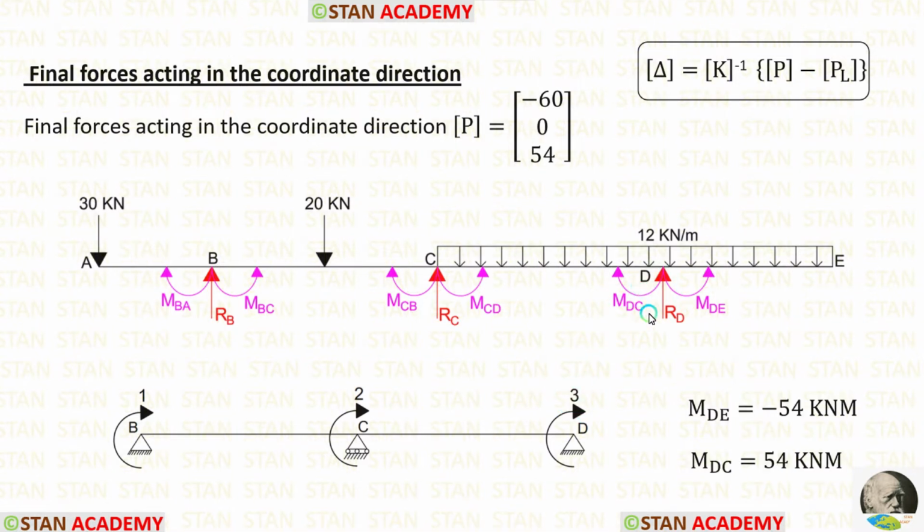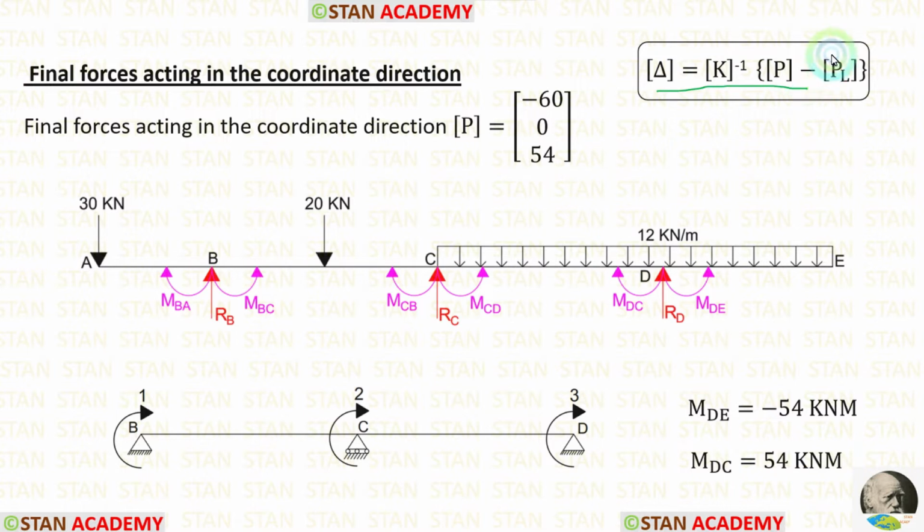In the point D, we have calculated two final moments, MDC and MDE. MDE is acting in the overhanging span, so we should not select that. MDC is acting in the span DC, so we must select that. MDC is 54. Let us apply that.